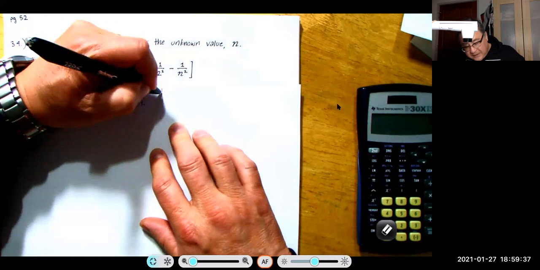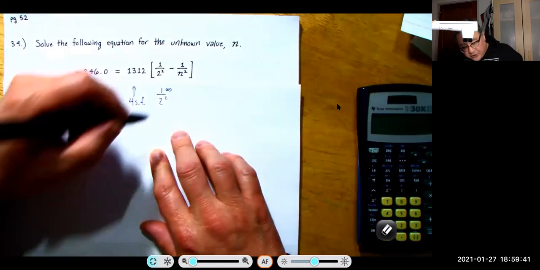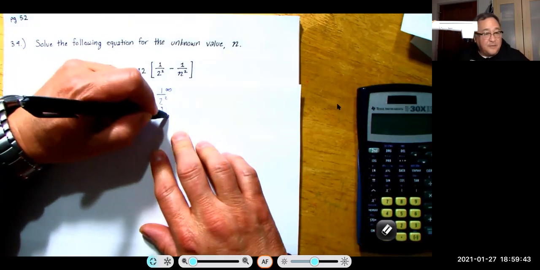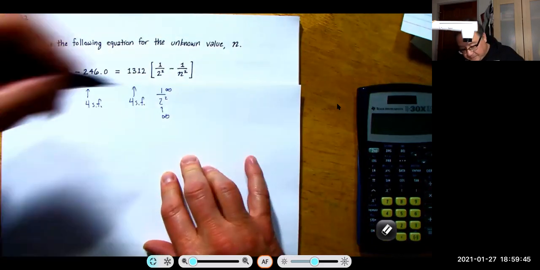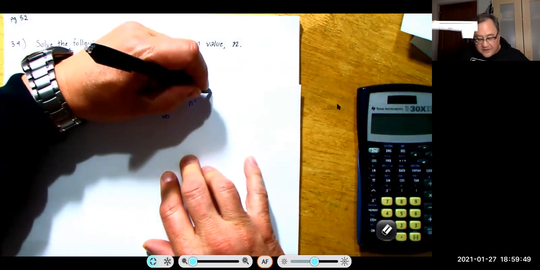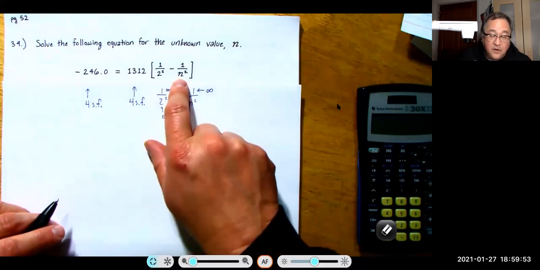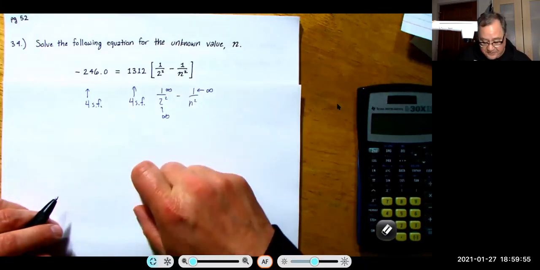The 1 has an infinite number of significant figures. The 2 has an infinite number of significant figures. The 1 has infinite number of significant figures. I want you to calculate the value of n with the correct number of significant figures.